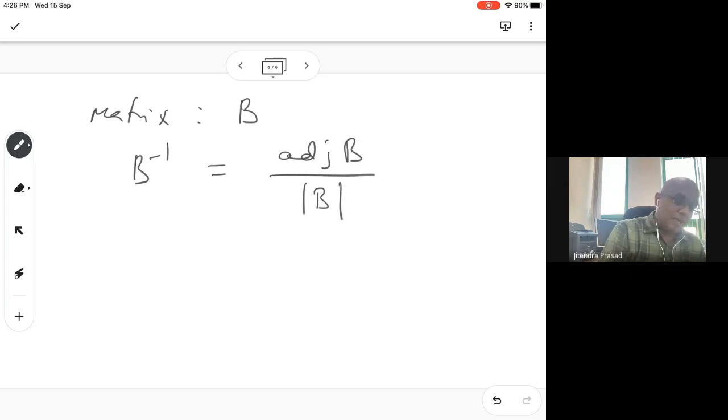This comes from the mathematics. You already have the mathematics, and in the book also it's given, so you can go through that.